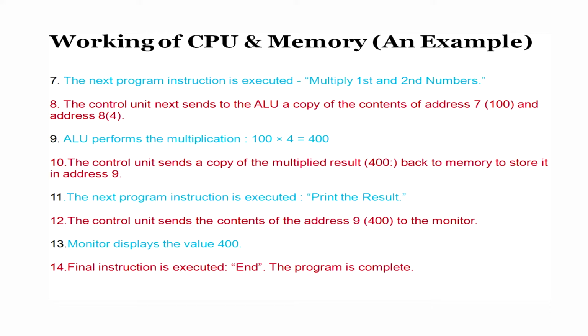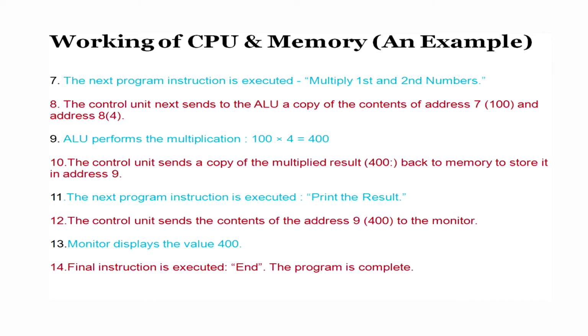So now ALU has the entire instructions and data. It has got the instructions to have two numbers, that is 100 and 4, and it has the process instruction that the multiplication has to be done. So ALU performs the multiplication. The control unit then sends the copy of the result, which is obviously 400, to the memory to store it at a particular address.